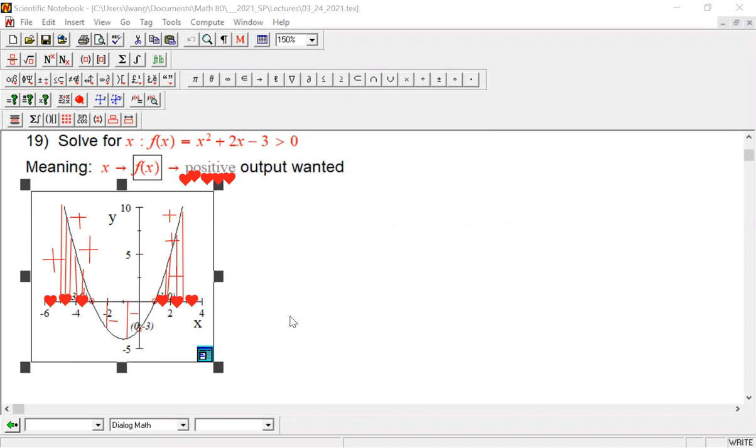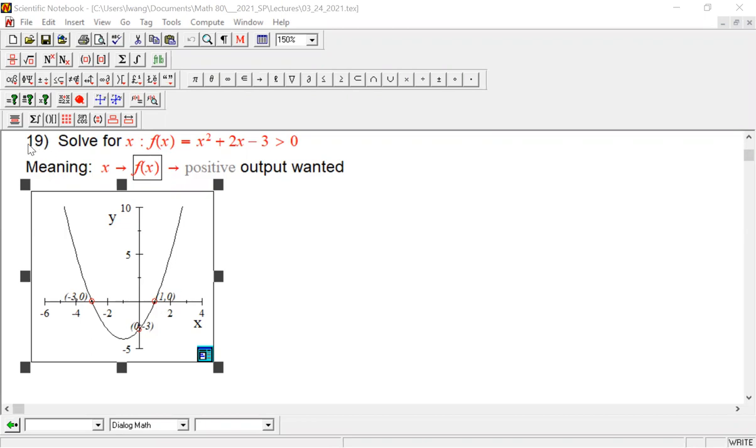We understand now. Okay, so let me clean this up and explain it to you one more time. This piece indicates positive output, and that piece indicates positive output. And this piece, however, indicates negative output.